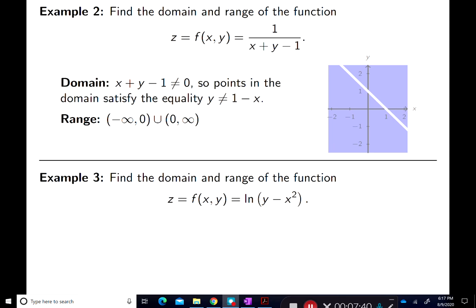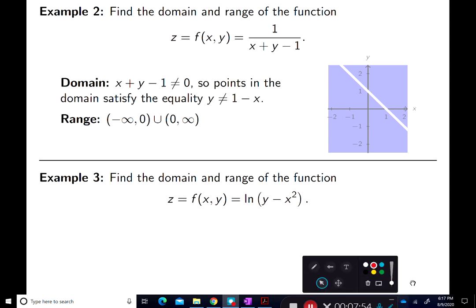Natural log only takes values that are strictly bigger than 0. So the domain of the entire function, since the outer one only takes inputs where the inside has to be bigger than 0, the domain of the entire function has to be y bigger than x squared.